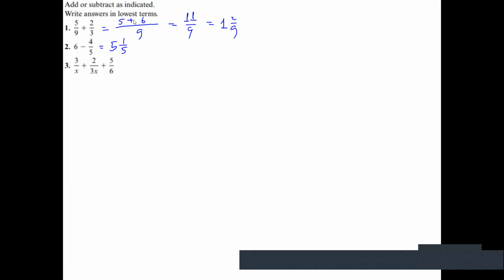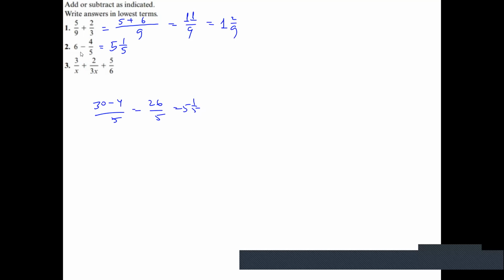Yes, guys, we good? Well, in case you want to play, 6 times 5 is 30, minus 4 over 5, where I have 26 over 5. And that will be 5 and 1 over 5. It's the same thing.